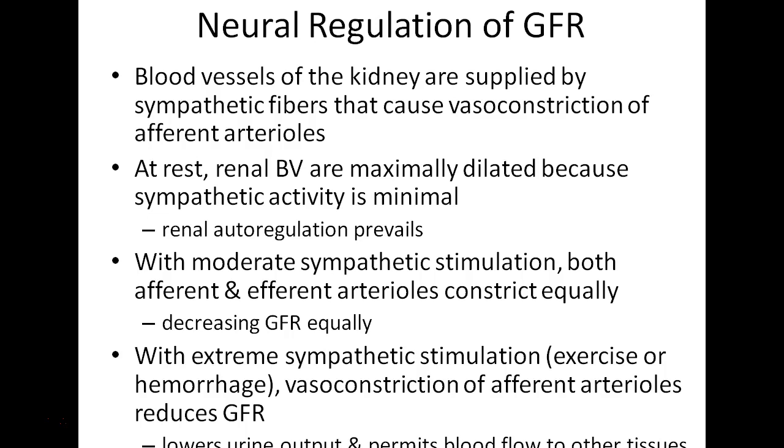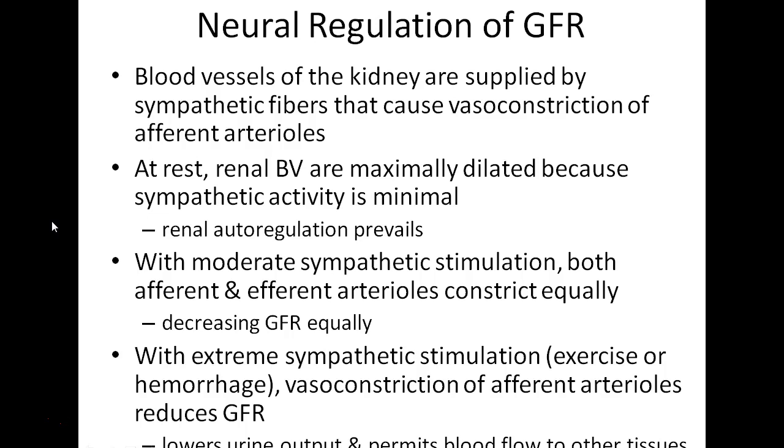And then another way we might regulate GFR is through neural regulation, that is, nervous structures. Here we see blood vessels of the kidney are supplied by sympathetic fibers of the nervous system, and that can cause vasoconstriction of those afferent arterioles.